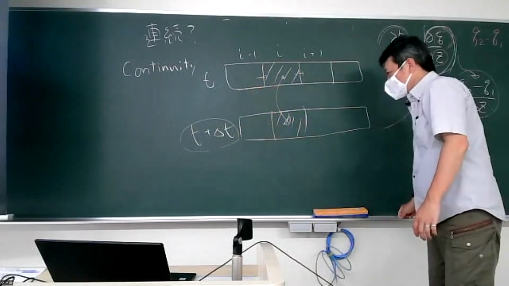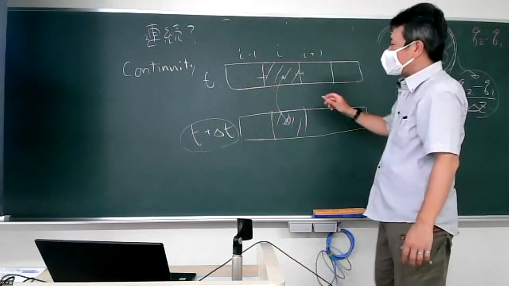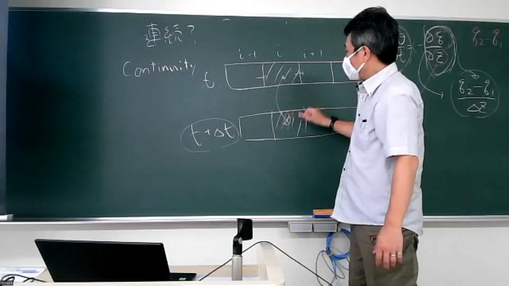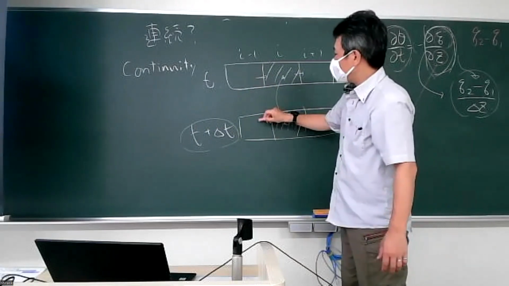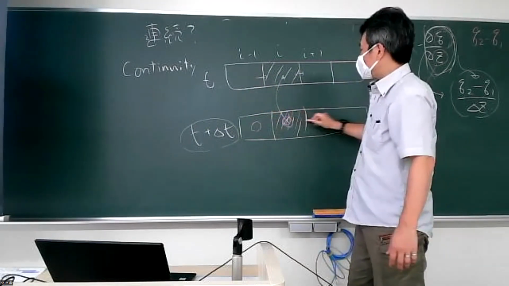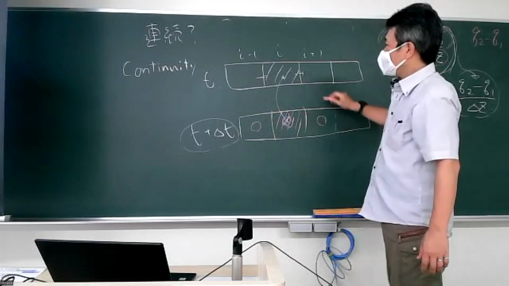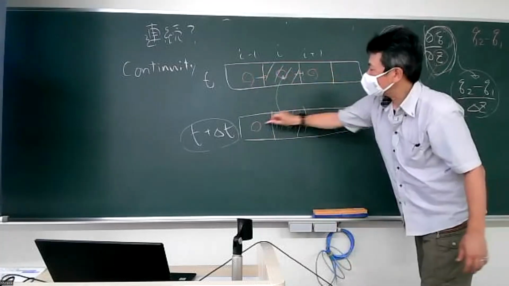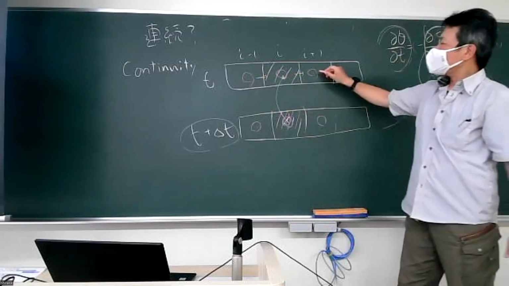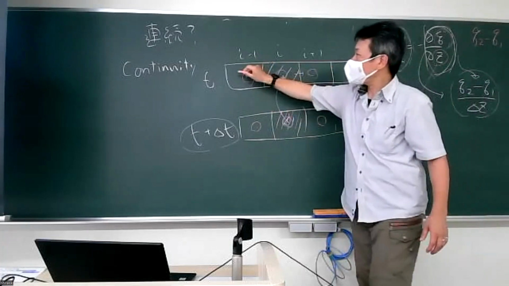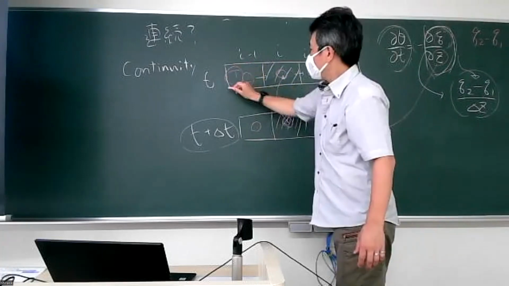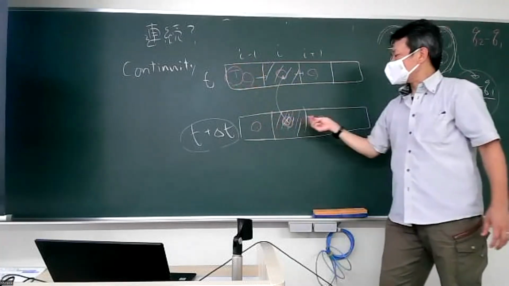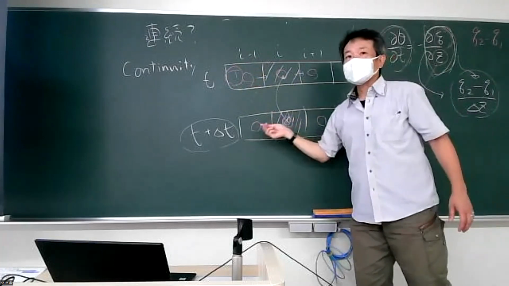But in the implicit method, we need to calculate here by using this value, also this value too, and also this value, and this is not an unknown value, but this is a known value, t. But the implicit method uses the future information too.